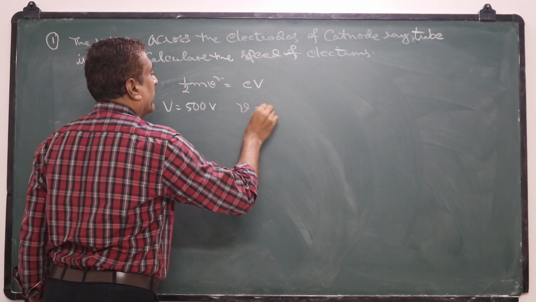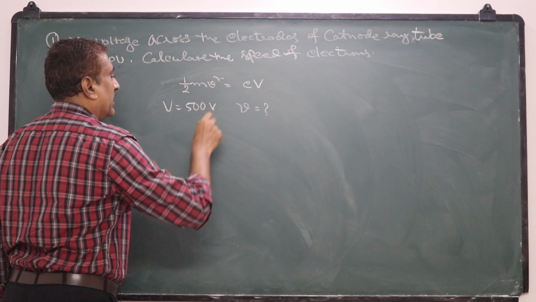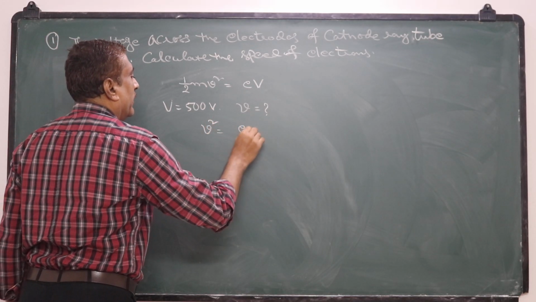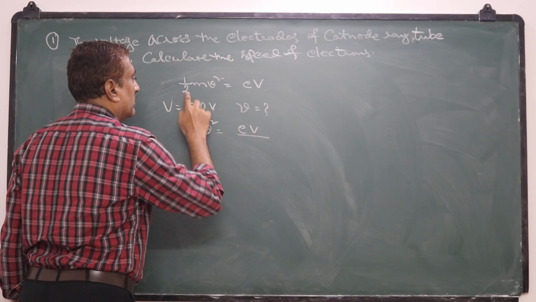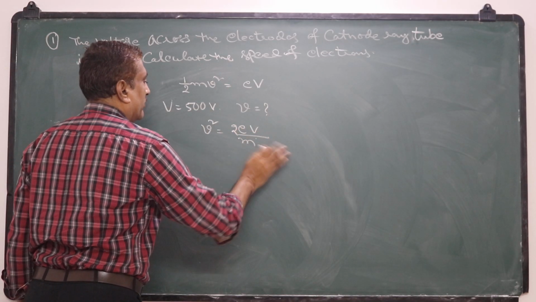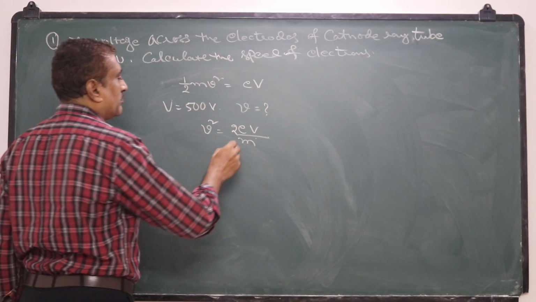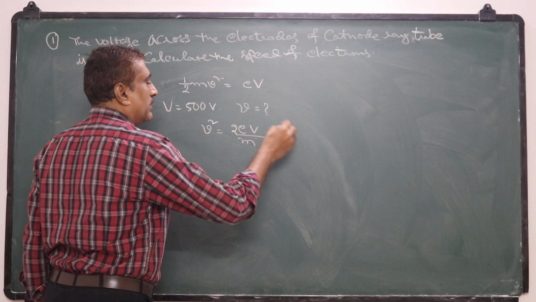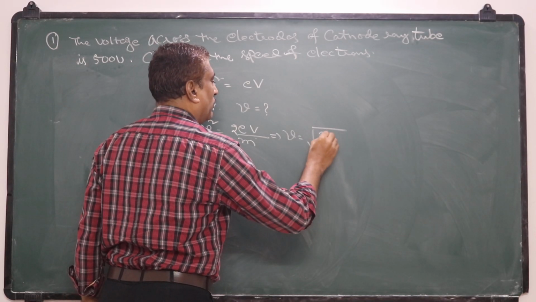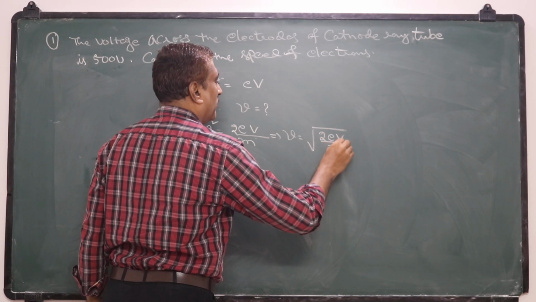So from this relation, v square is equal to 2eV by m, which implies v is equal to square root of 2eV by m.